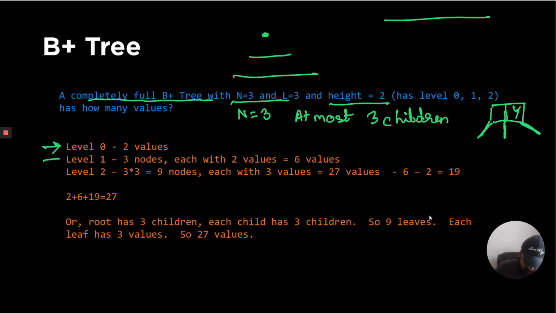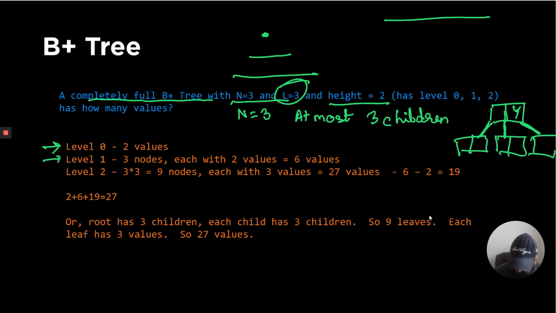Next, the level 1 will contain 3 nodes, because it can have 3 nodes attached to this root element. And each of these 3 nodes will have at most 2 values, because it's going to be L minus 1 in this case, just for the internal nodes. For the leaf nodes, it can store up to 3 values.